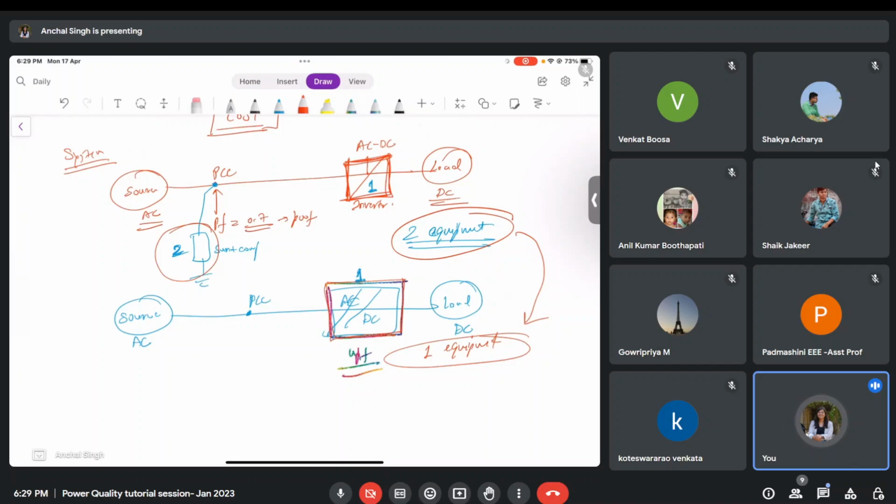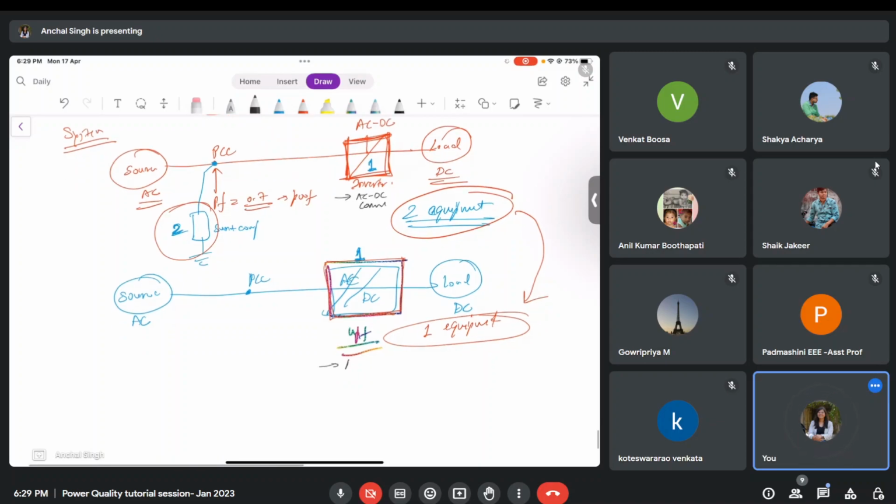So we'll be discussing AC to DC converters, single phase, three phase, that are able to help with the power quality problems, along with solving the purpose of converting AC to DC. That too they will do. Initially, the inverter in this first configuration was doing only one function, AC to DC conversion. But the equipment in this case is doing AC to DC conversion, and it is also doing power quality improvement.